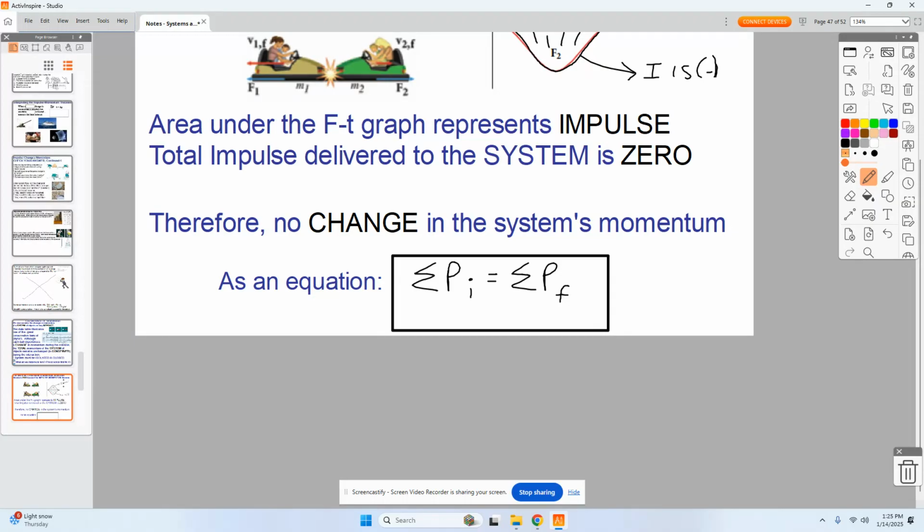And so we would sum all of the momentum of the objects prior to the collision, and that would be equal to the sum of all the momentum of the objects after the collision. Now, we're going to expand that equation. I'm going to show you how we would expand that with a variety of examples. But that's the basic idea. So it's derived from Newton's third law and Newton's second law.